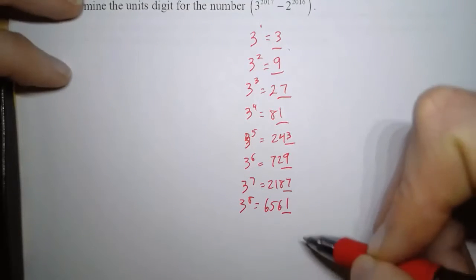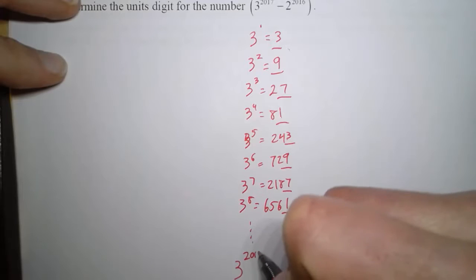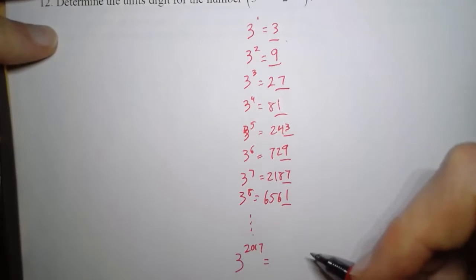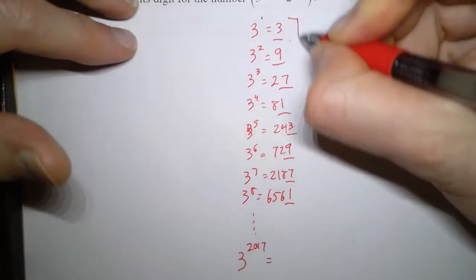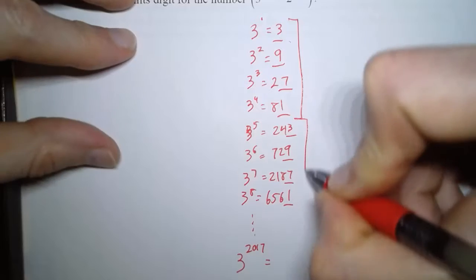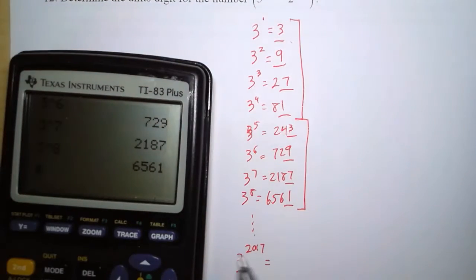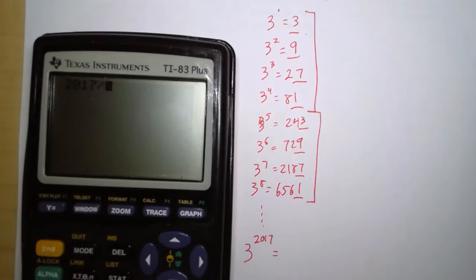They're going to keep doing this all the way up to 3 to the 2017. Now notice, what do we care about? All we care about is the units digit. So the question is, how many cycles of this? Well, it goes 1, 2, 3, 4, 5, 6, 7, 8. So this goes in cycles of 4. So what I can do is take 2017 and divide by 4.